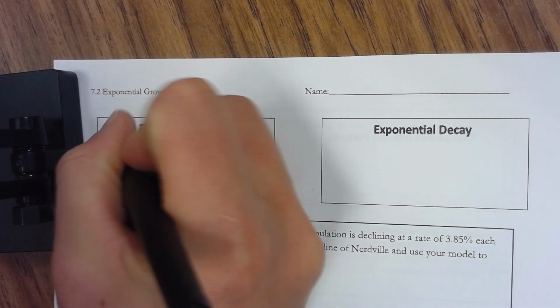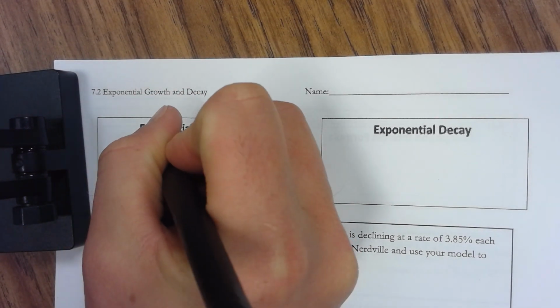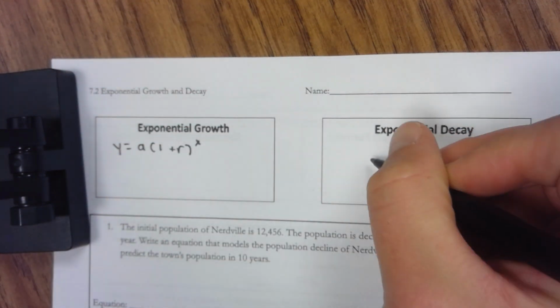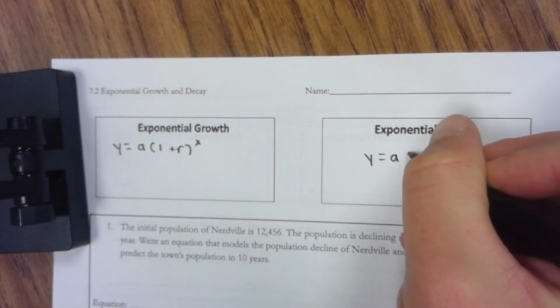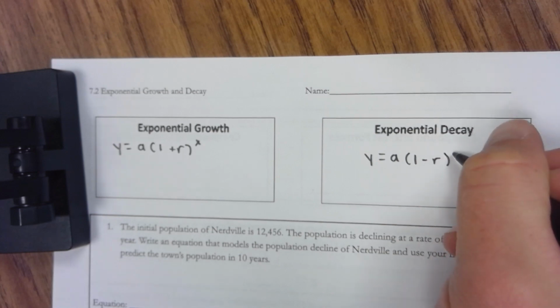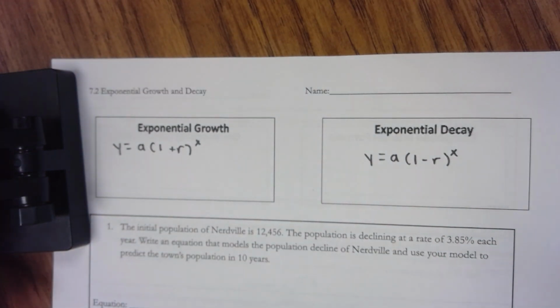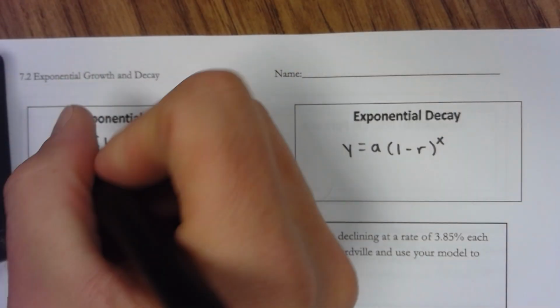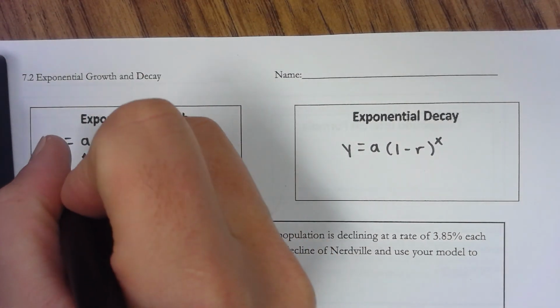Exponential growth is going to be y equals a times (1 plus r) to the power of x, and then the decay is a times (1 minus r) to the power of x. A in both cases is your starting amount.